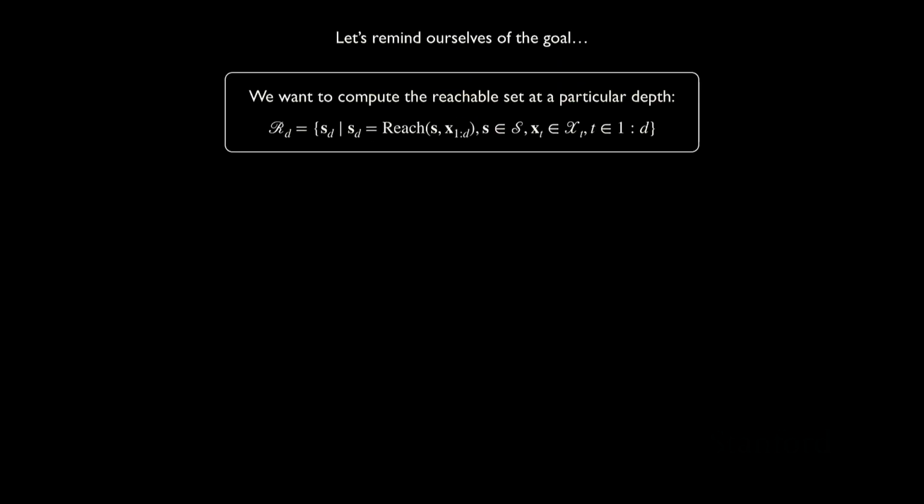Okay. So we just talked about passing intervals through a bunch of nonlinear functions, but let's get back to what our goal is here. Just like in the previous lecture, we want to compute the reachable set at some depth d, and we define that as all of the states at depth d that we could reach given our rollout function if we start in some initial state set and have these bounded disturbance sets.